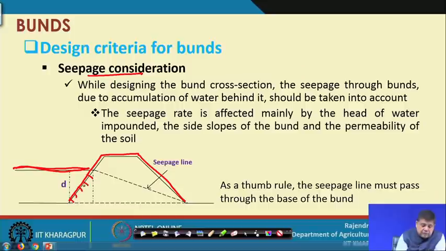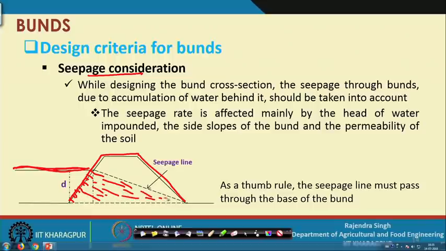If you have read a little bit of soil mechanics, you probably already know that in case of earthen dams we handle this. Seepage will continue and water will go further and further, and it will wet the entire cross section, and this top phreatic line is referred to as the seepage line.